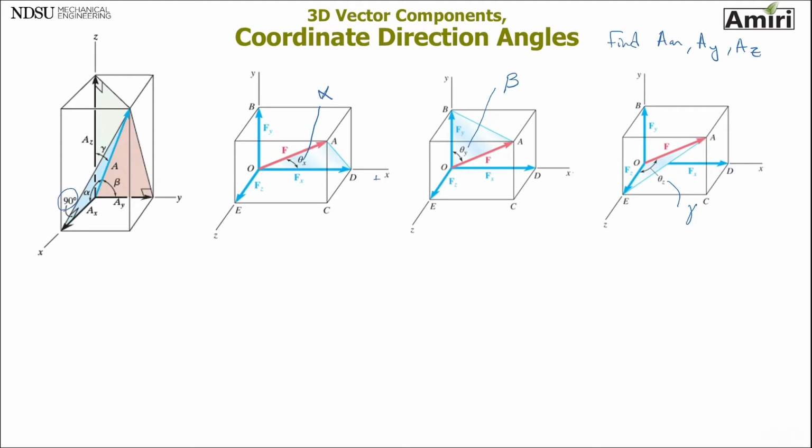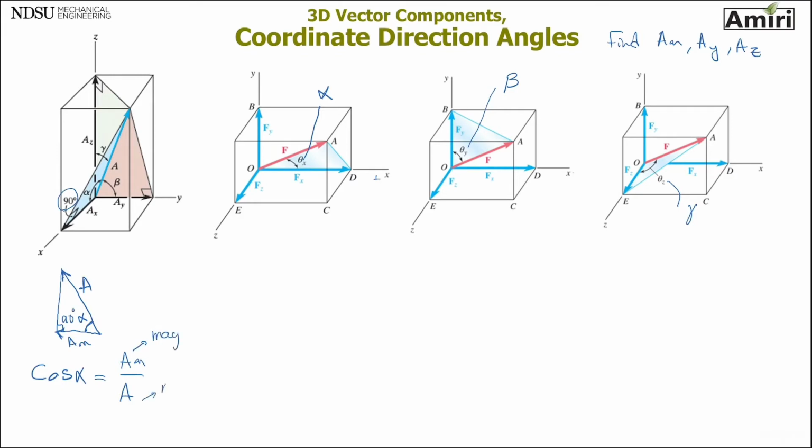If I draw it, it looks kind of like this. This is my A. This is my Ax, and that is by the 90 degree angle. The angle this makes is alpha. So cosine alpha in this triangle is Ax over A. Again, these are all magnitudes.